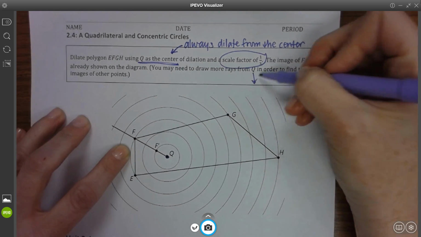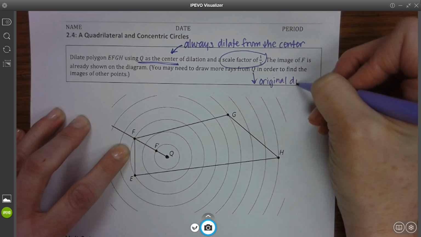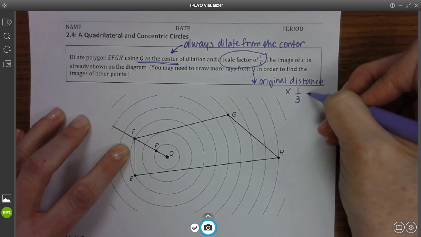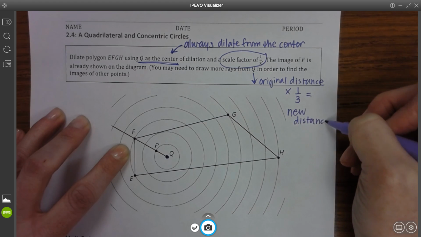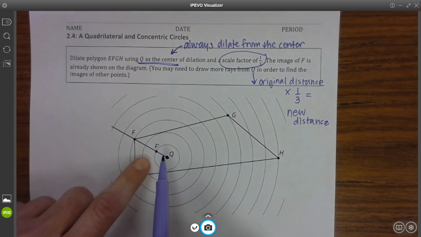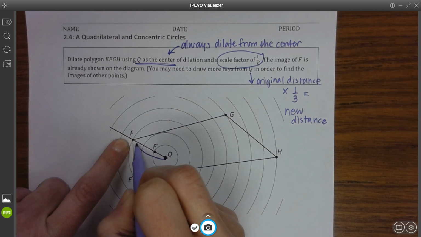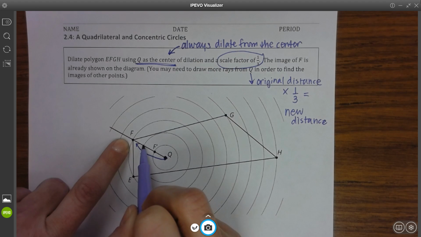So if we take our original distance times 1/3, that is going to equal our new distance. So we're taking 1/3 of our distance. So if I look at what's happening here from Q to F, my distance is 3. 1, 2, 3.